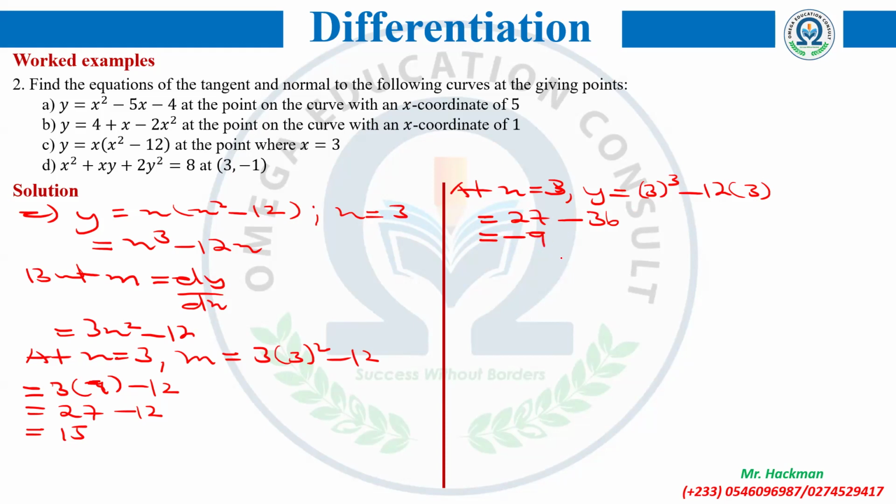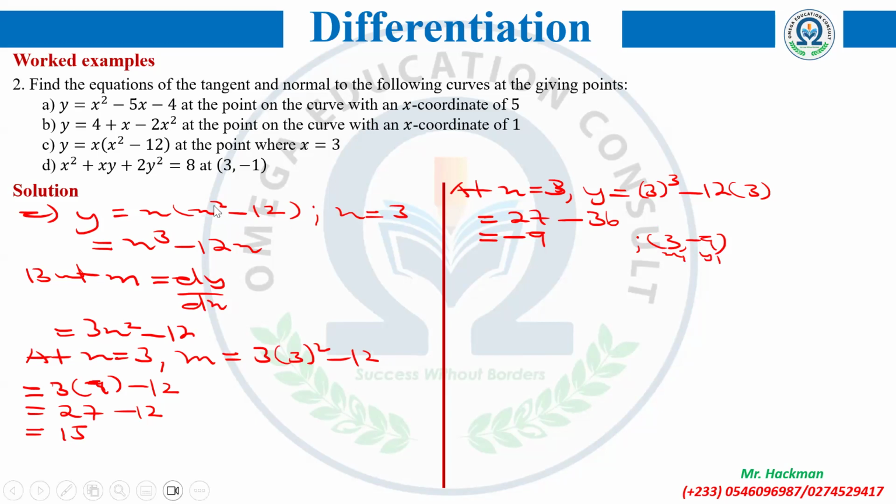So the point you are looking for is (3, -9), that is x1, y1. Substitute that into the formula and you are good to go. As simple as that.